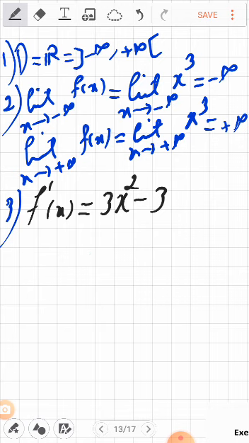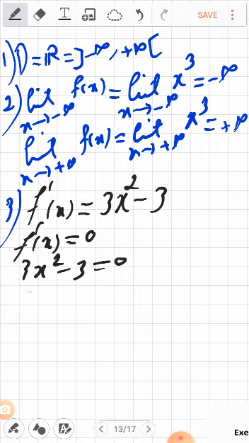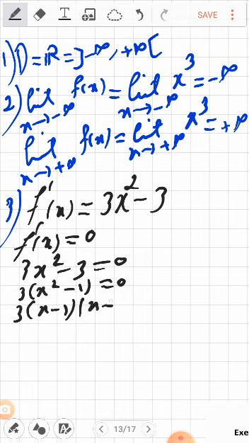In order to find the sign of the derivative, we have to solve it equal to 0. f prime of x equals 0. Then 3x squared minus 3 equals 0. We can solve it with the calculator or by any method we have known for a long time. I will solve it like this: 3 times (x squared minus 1) equals 0, so 3 times (x minus 1) times (x plus 1) equals 0. We could also solve it with the calculator because it is a quadratic equation. Each bracket equals 0, so x equals 1 or x equals minus 1.